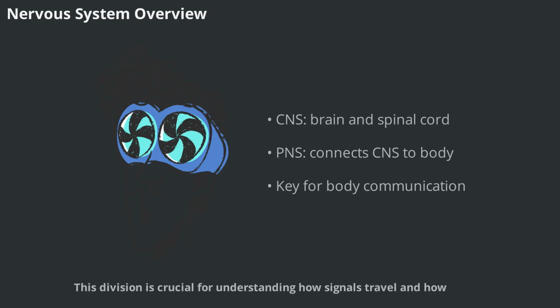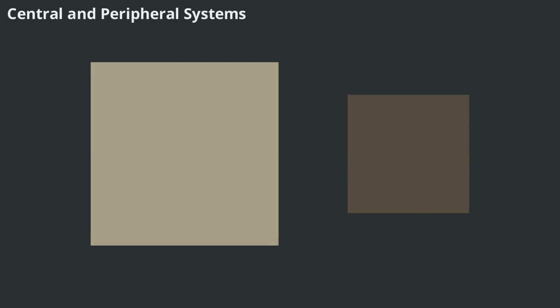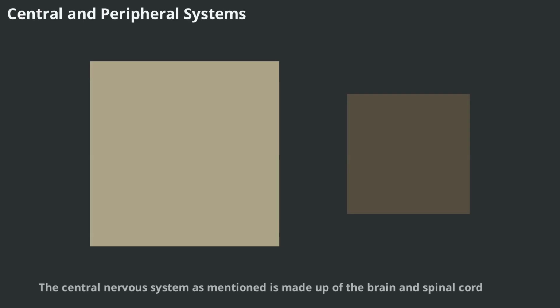This division is crucial for understanding how signals travel and how different parts of the body communicate and respond to various stimuli. The central nervous system, as mentioned, is made up of the brain and spinal cord. It processes information and coordinates activity throughout the body.